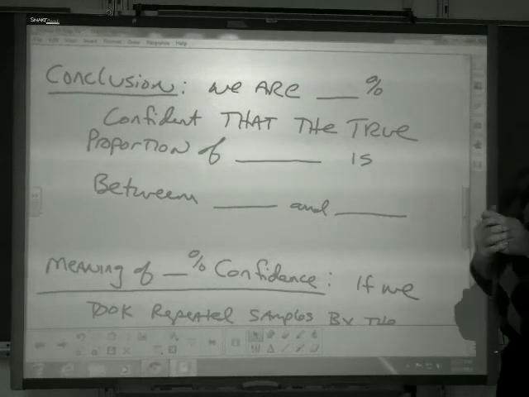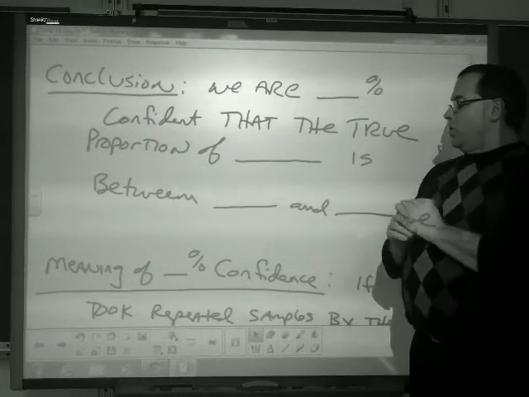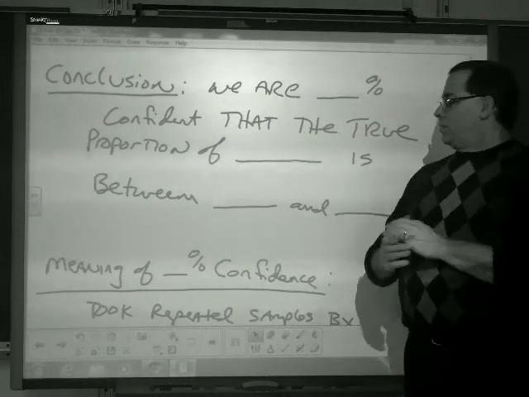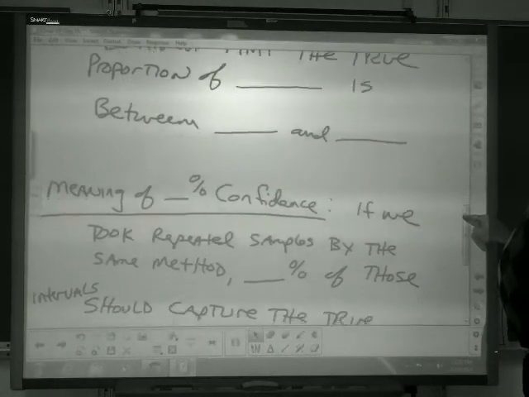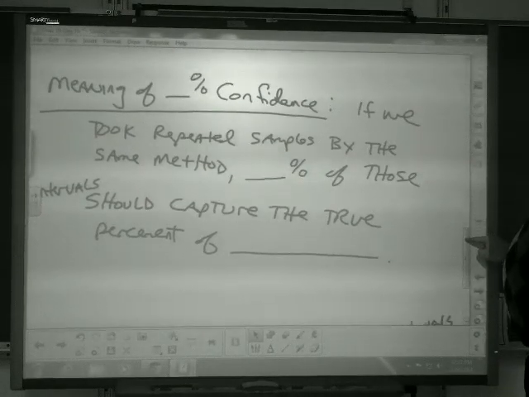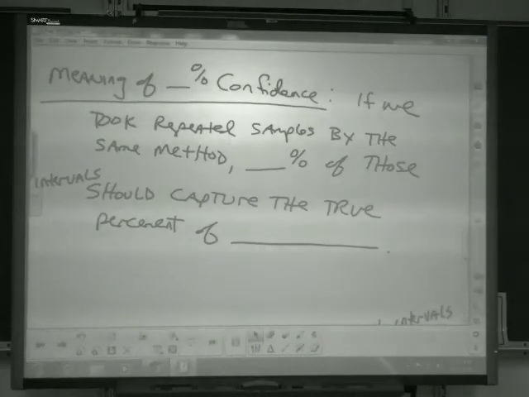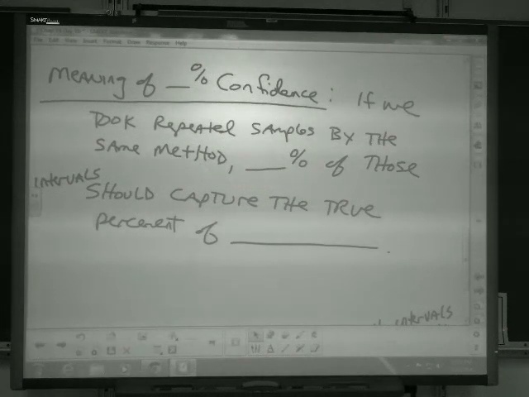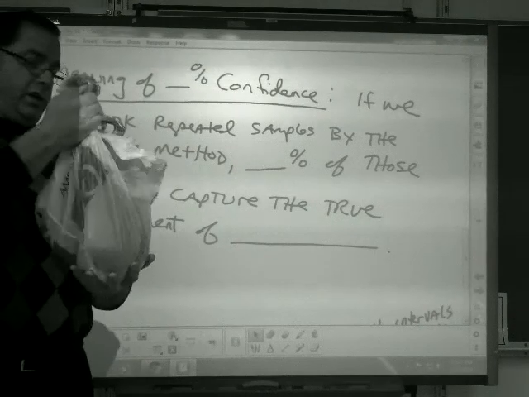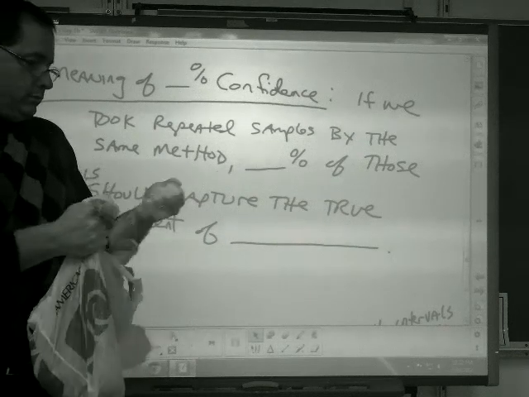Now, one other thing that we touched on in some classes, but maybe not yours, was what this means: the meaning of a blank percent confidence. Well, if we took repeated samples by the same method, okay? Let me get my pennies. Remember, we reached in here and pulled out a handful of pennies.